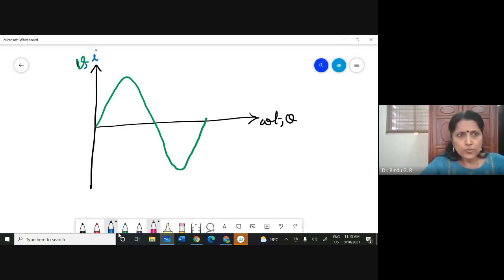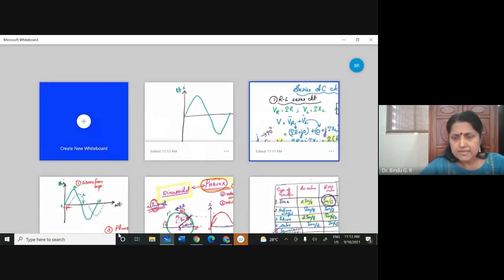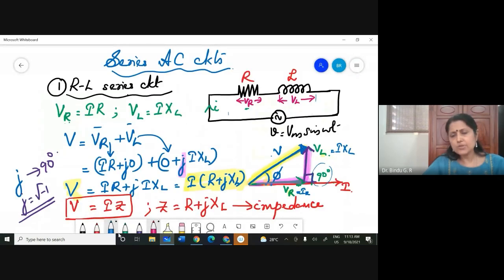So what did I understand from this? Here, I saw that the resultant voltage V is leading the current I by an angle phi. Or I can even put it like this: the current through the circuit is lagging behind the resultant, overall voltage by an angle phi.